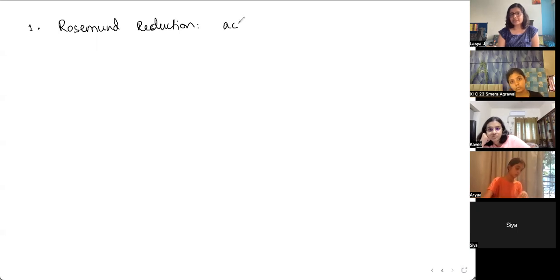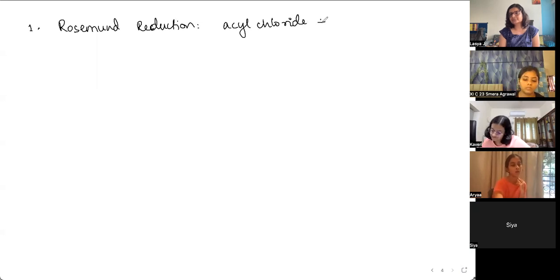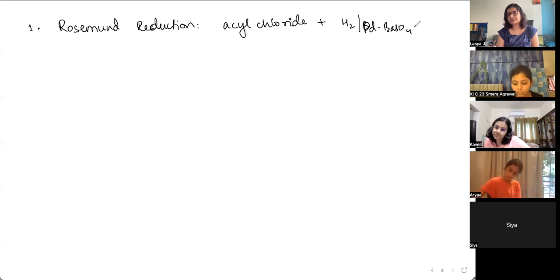Acyl chloride plus H2 with Pd-BaSO4, poisoned by acid. Okay, so this is preparation of aldehyde.